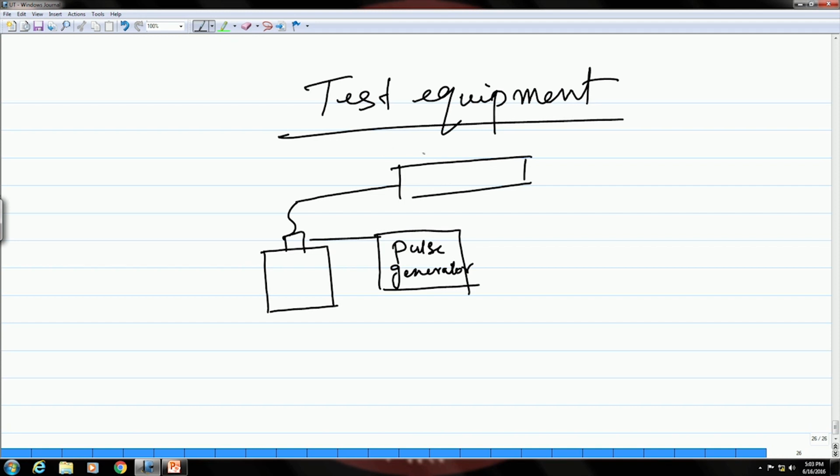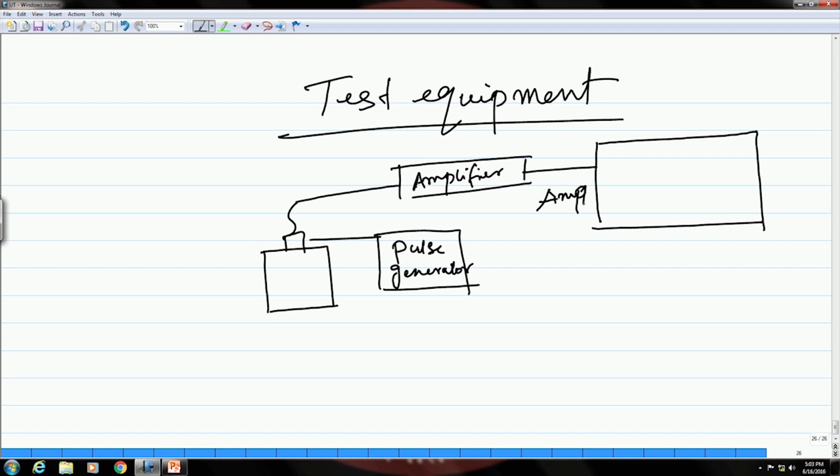So, it will have an amplifier, and then you will have the display, which can show the display in terms of amplitude and the time base, and this we have seen that you will have an initial pulse, and then the back wall when you have a sample over here.